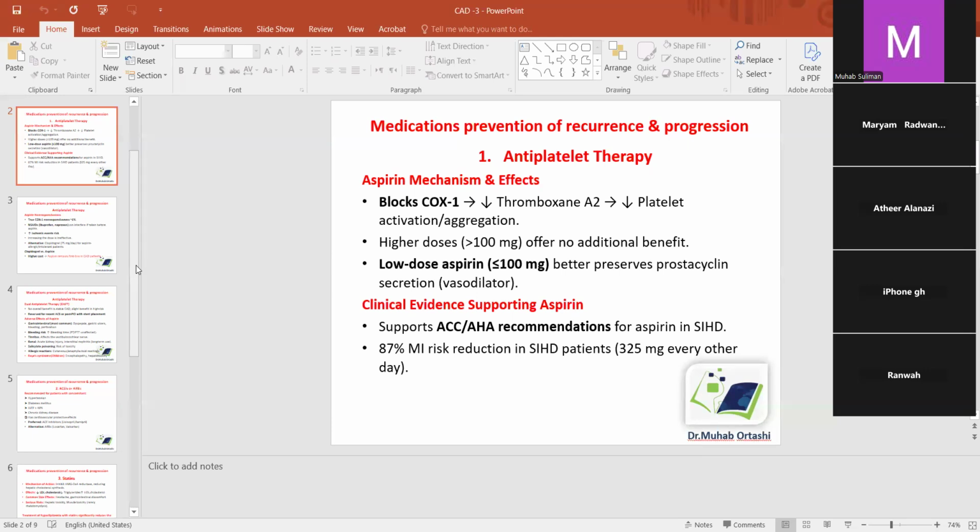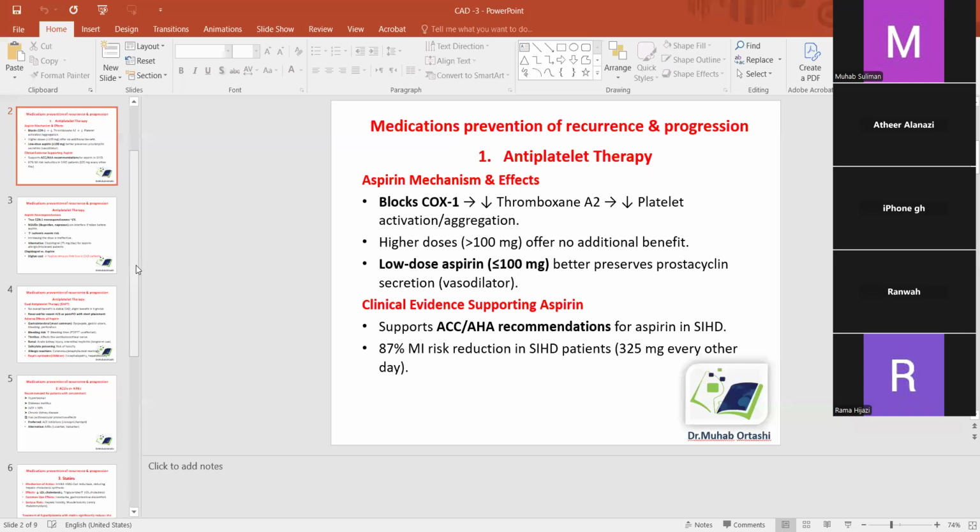When we use the drug with a low dose, prostacyclin will stop partially, وبالتالي بيكون في high amount of prostacyclin وبالتالي بتديني vasodilator effect better.